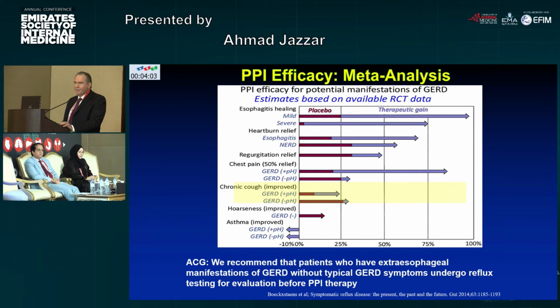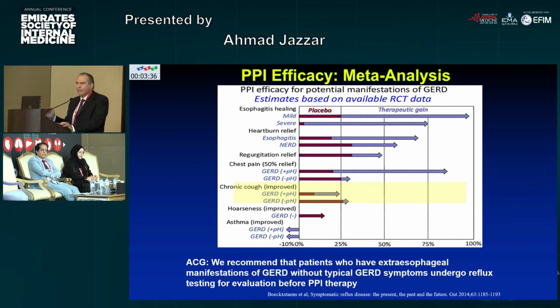From a meta-analysis of PPI efficacy, again, if you have erosive esophagitis, these are the best responders. But if you have extra-esophageal manifestations like chest pain or cough or hoarseness, these respond less to our PPI therapy. And the ACG recommends that patients who have extra-esophageal manifestations of GERD without typical GERD symptoms undergo reflux testing for evaluation before starting their PPI therapy.